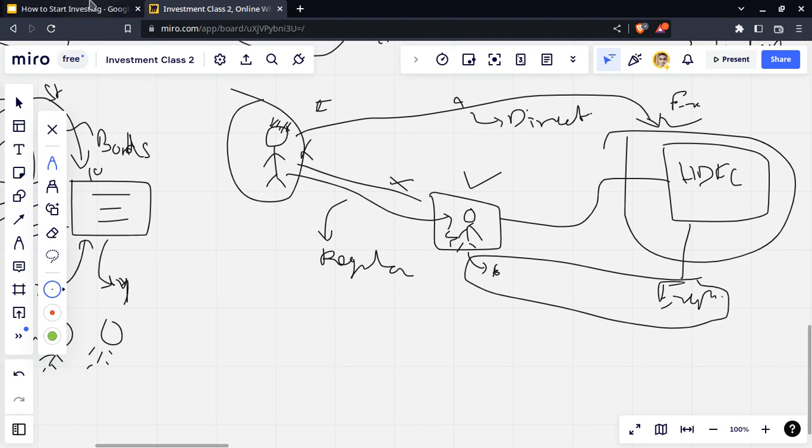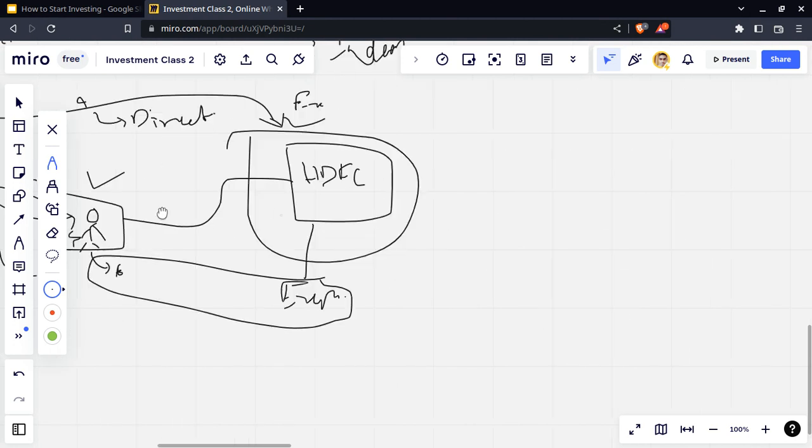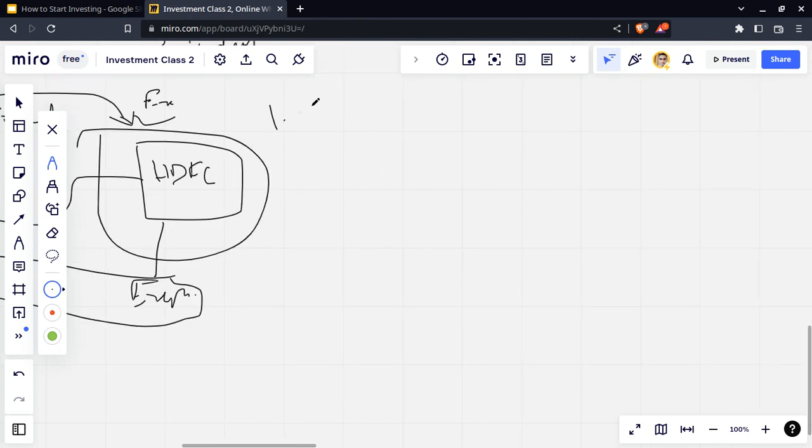The third category that will come is growth mutual funds and IDCW mutual funds. Suppose again me, this is me, happy face.